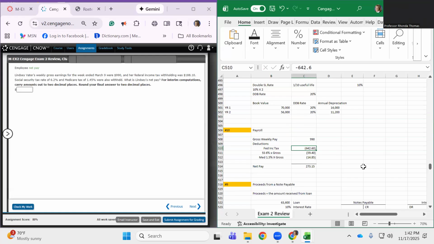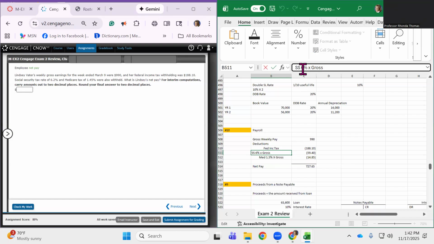Now be careful. This is when we have to use two decimals. All right, so we're going to take out 188.10. And then it is going to be 6.2%. And then 1.45%.